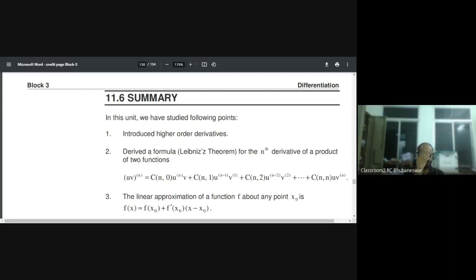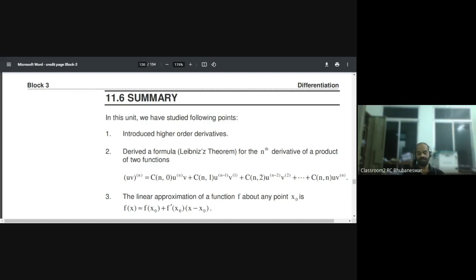On the right hand side we have f of x0 plus f dash x0 into x minus x0. Now look at the expression and please focus on the sign, which is asymptotic equal. That means approximately equal. The function is approximately equal to the right hand side of the expression, so that's why we use the word approximation.